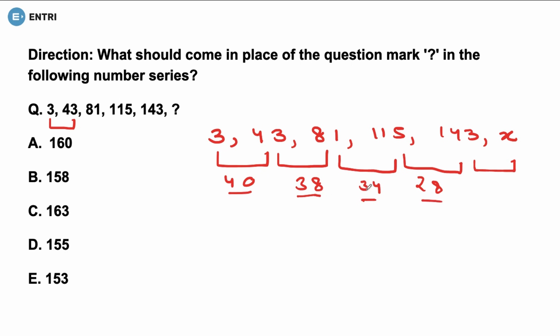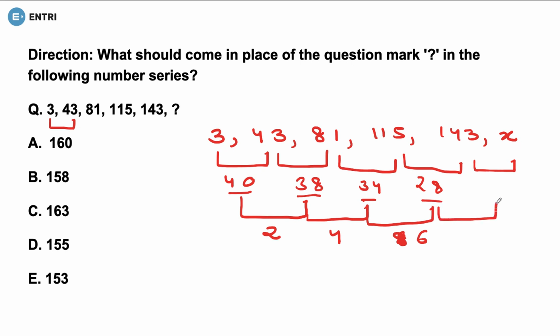I don't think you are going to see any difference, but yeah, now you will be able to clearly see that it is a difference of 2. Fine. Now, if I again see, here's a difference of 4. If I move further, here's a difference of 6.